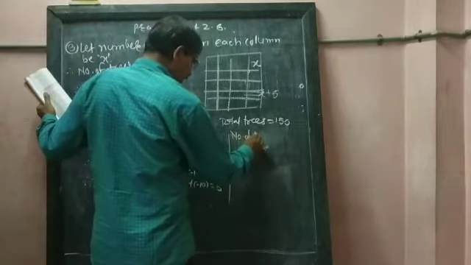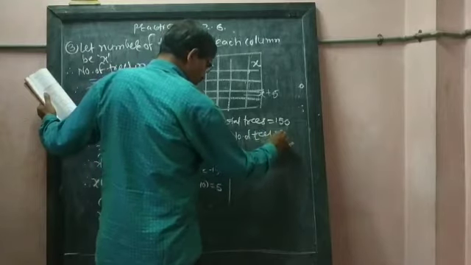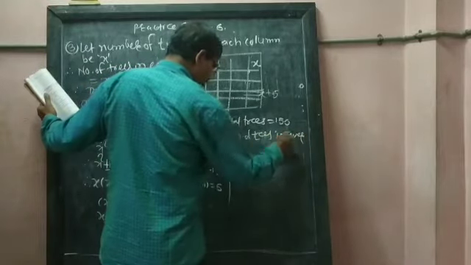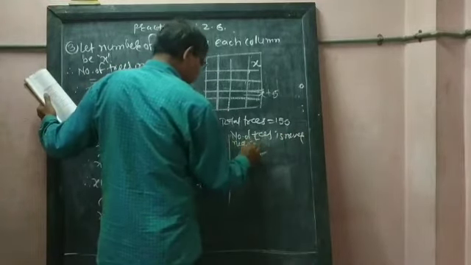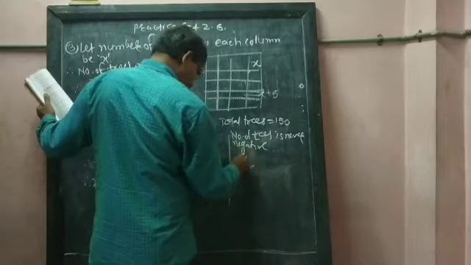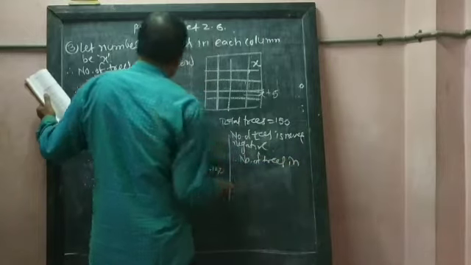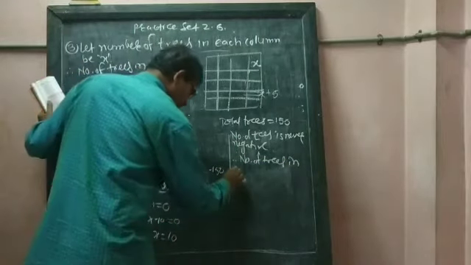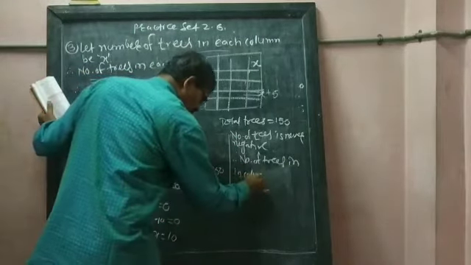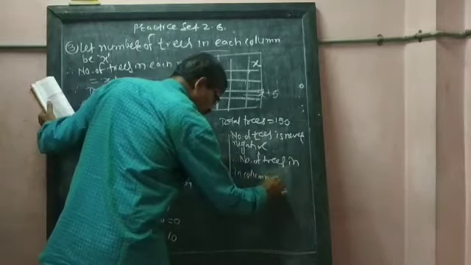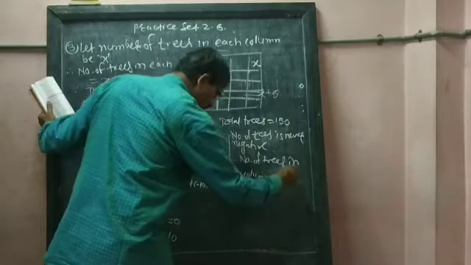Number of trees is never negative. Therefore, number of trees in each column is equal to 10.